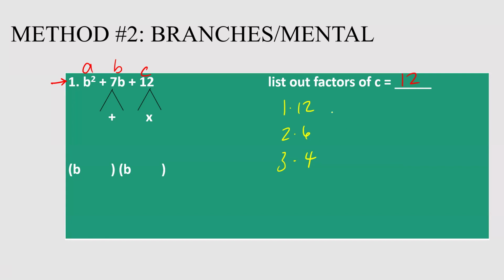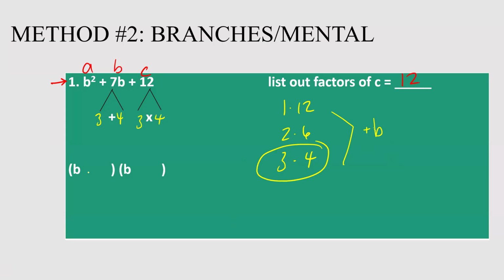What you're asking yourself is, of these factors, what will add to give me my B term? What will add together to give me my B term? So these are my options. My B term is 7. What adds together to give me 7? 3 and 4, winner, winner, chicken dinner. 3 plus 4 equals 7, and 3 times 4 equals 12.